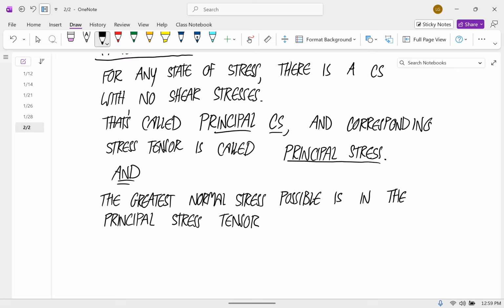That's kind of amazing. And there's one more thing. There's really two more things, I guess. The minimum normal stress is in the principal stress tensor.